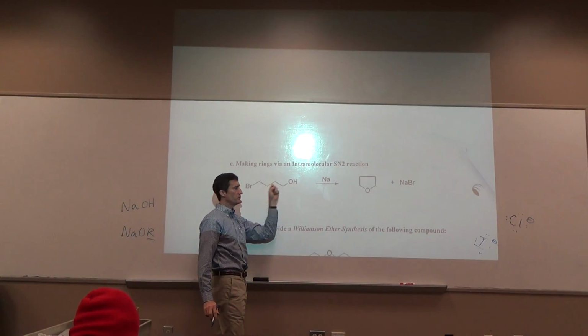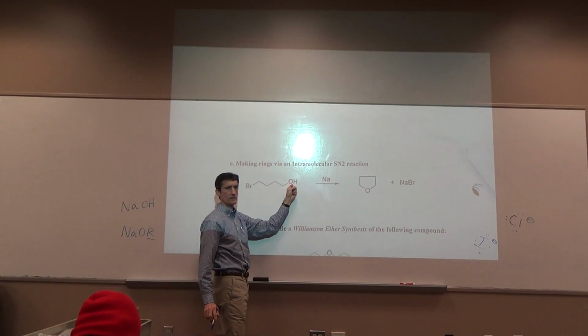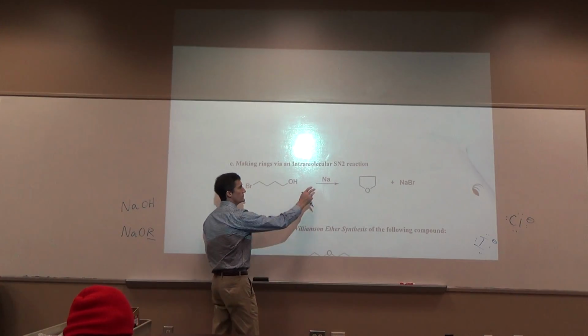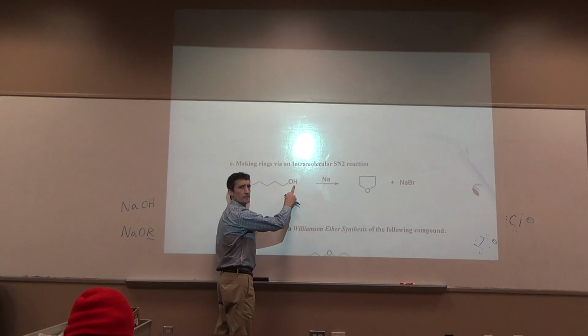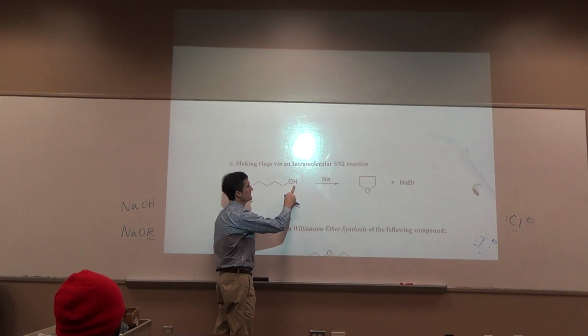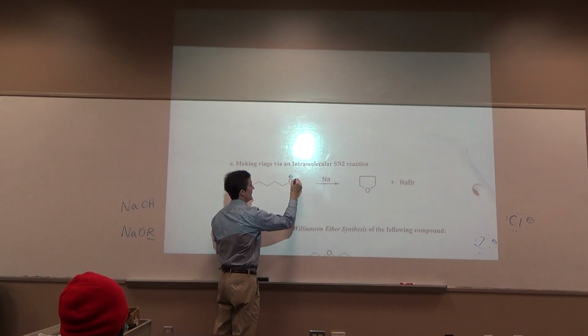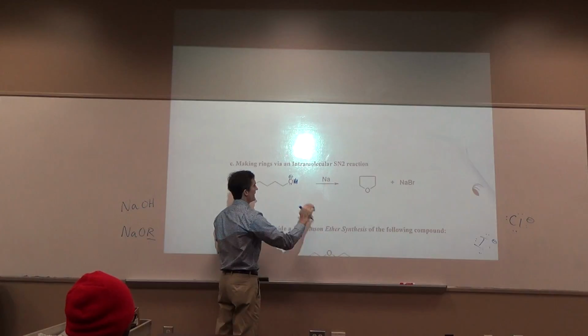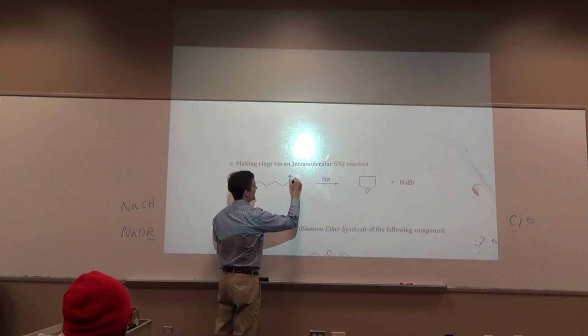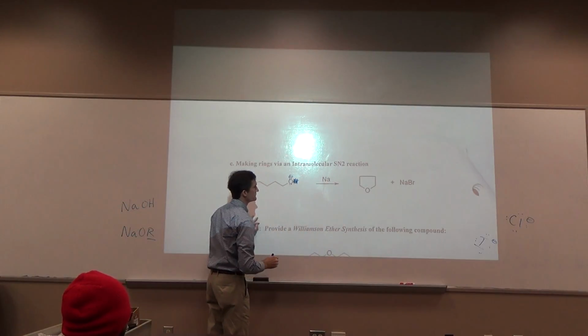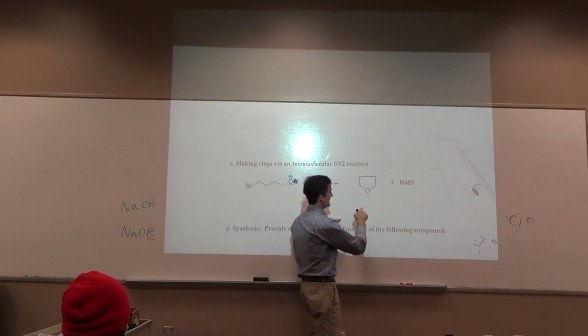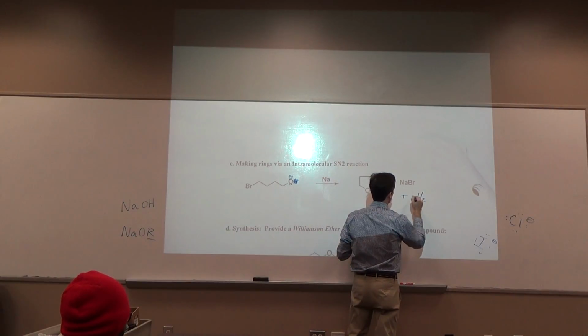The only thing you know is sodium reacts with alcohol to generate what? It generates the alkoxide. Get rid of that, you form hydrogen gas. Okay? So if you want to completely balance this, you can also see hydrogen gas.